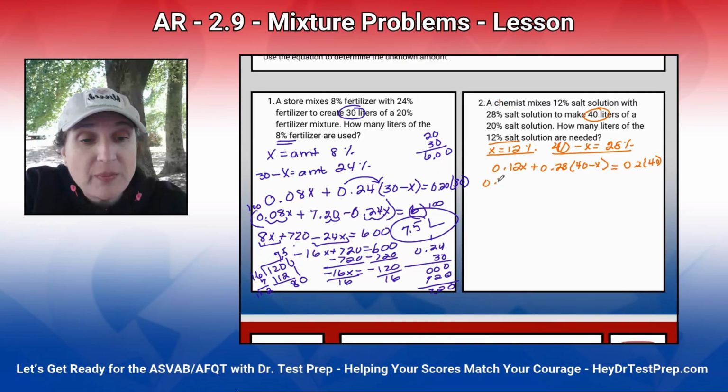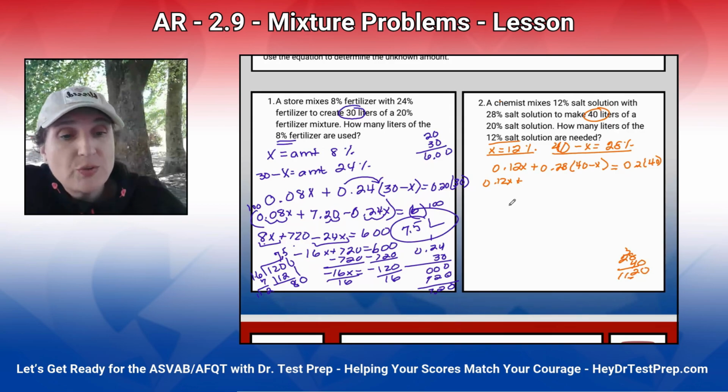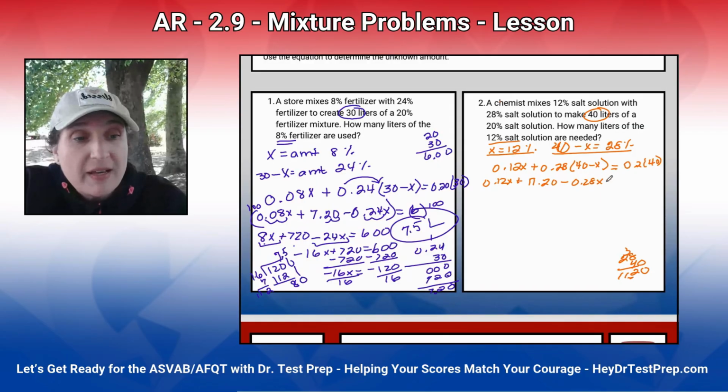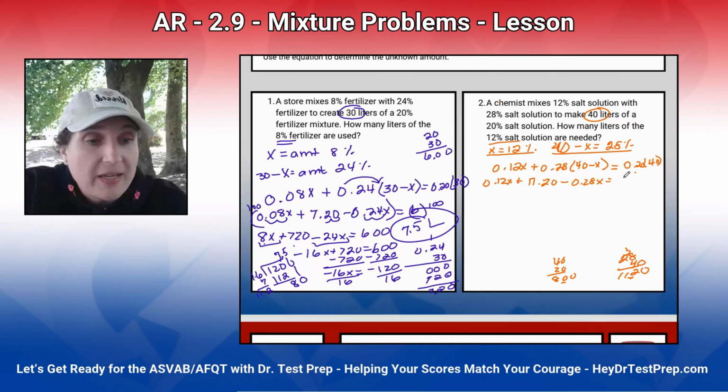So we've got 0.12x plus, we can go down here, 28 times 4 is 112. Add the zeros, 2 decimal points, so we have 11.20. Subtract with 0.28x. And then this simplifies to 40 times 20 gives me 800. With 2 decimal points gives me 8.